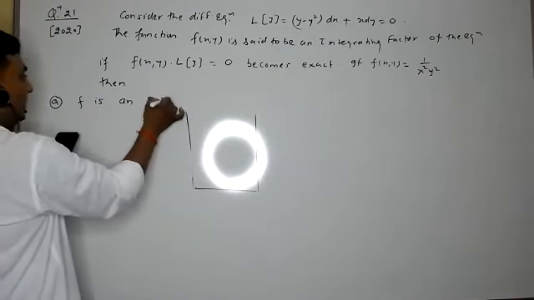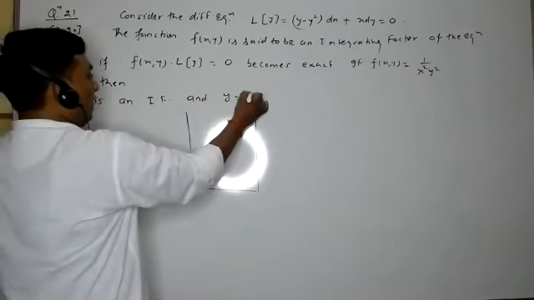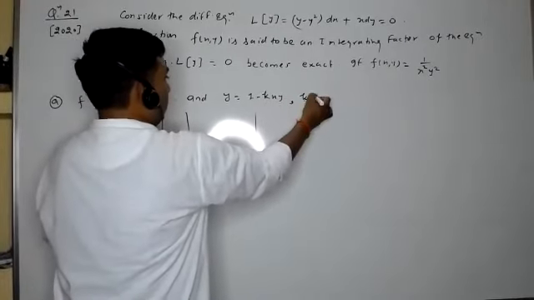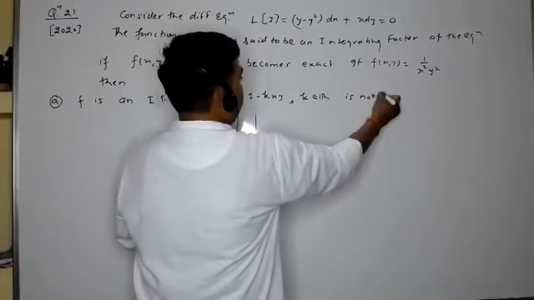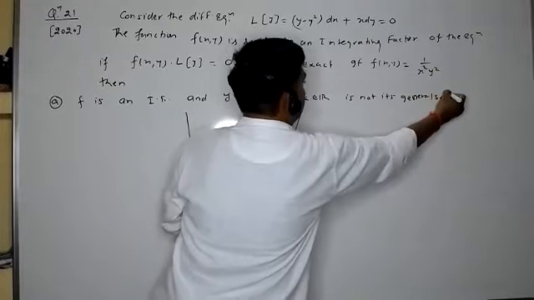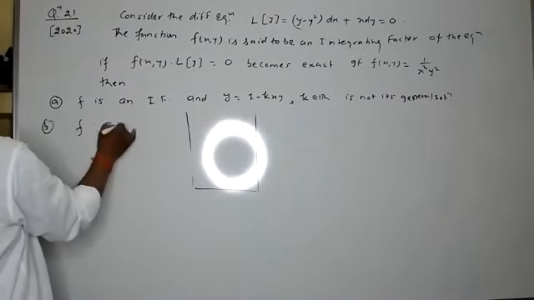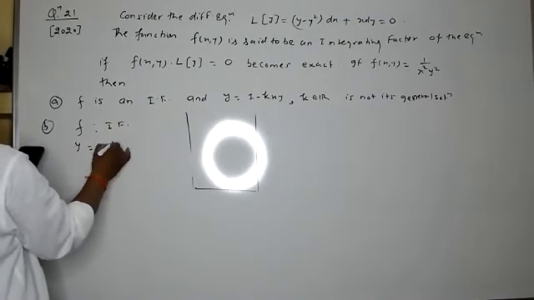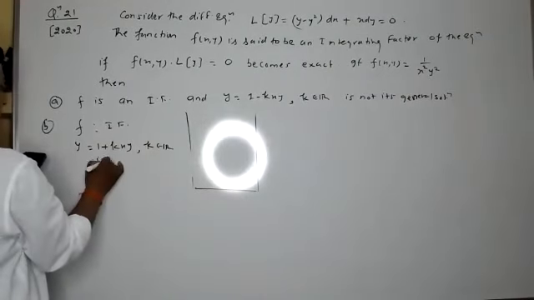F is an integrating factor and y equals 1 minus kxy, where k belongs to real numbers, is not its general solution. Option B, f is an integrating factor and y equals 1 plus kxy, where k belongs to R, is the general solution.